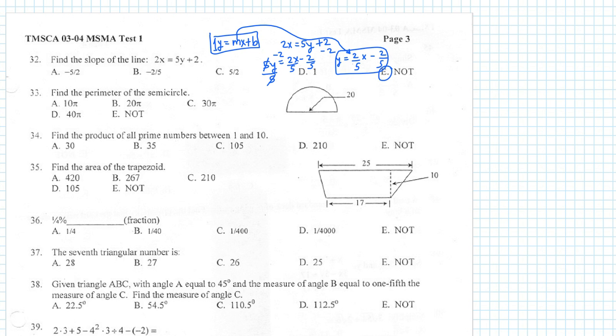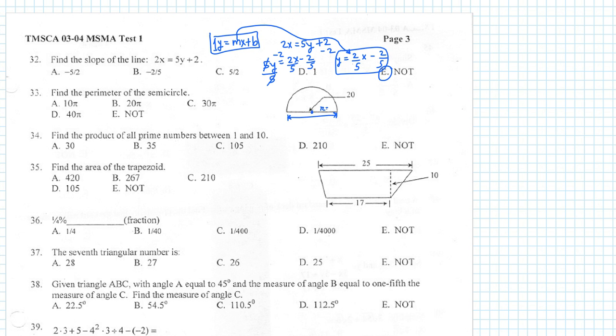Question 33. Find the perimeter of the semicircle. So in this semicircle, what's given is that this length over here is equal to 20. So what that means is that the diameter of the circle is 20. That means the radius is 10.